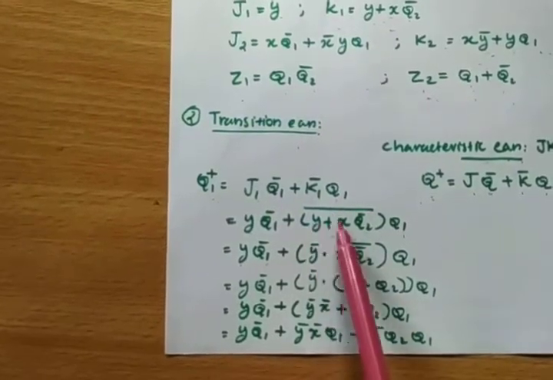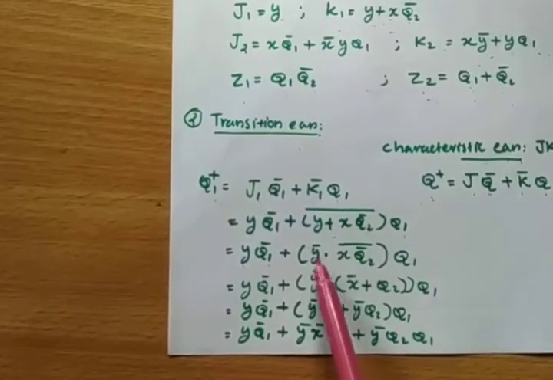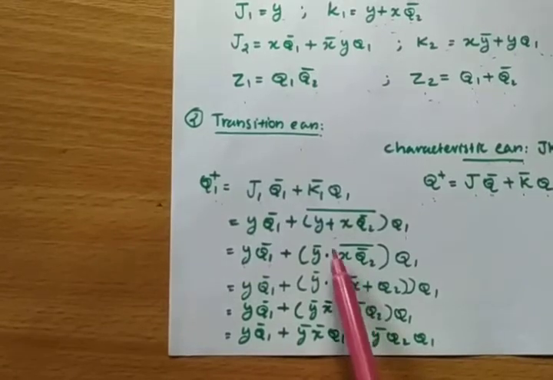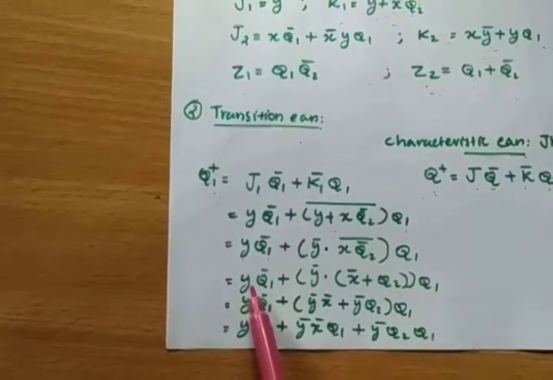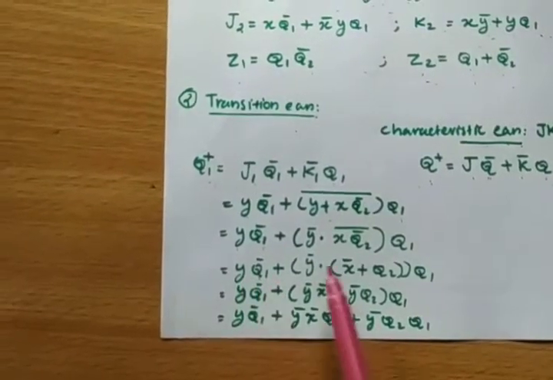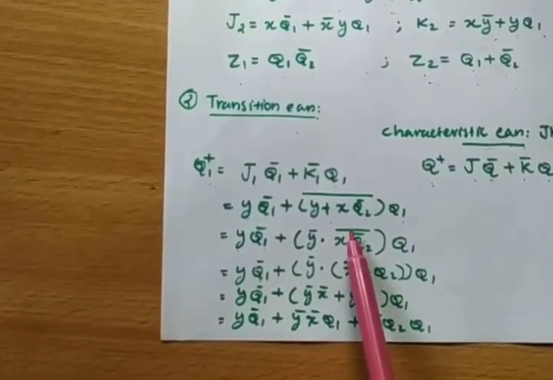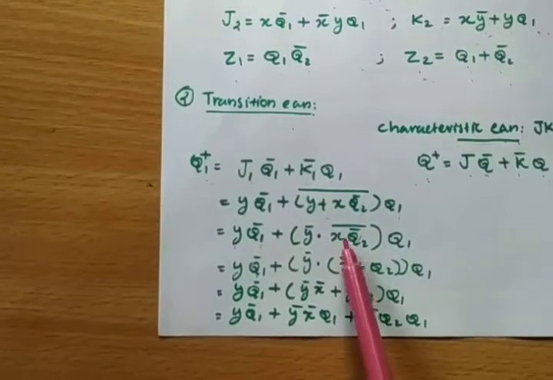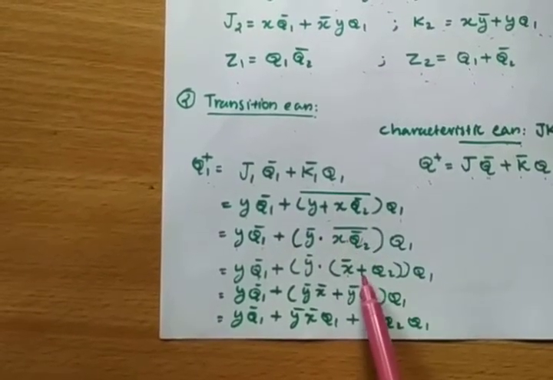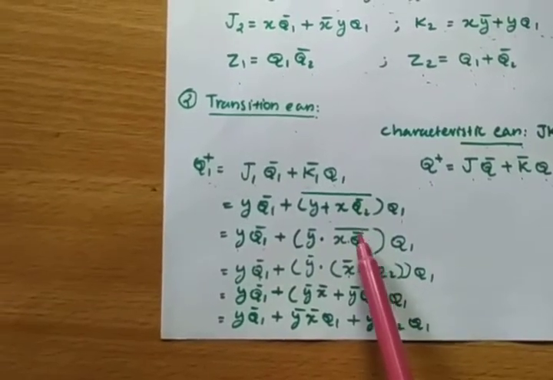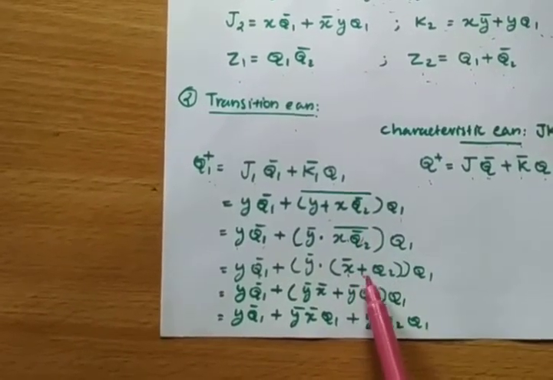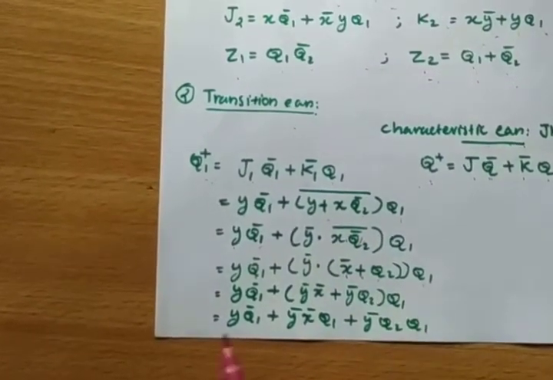So breaking this bar sign, Y bar into X Q2 bar the whole bar into Q1. Now Y Q1 bar plus Y bar into, and again this you have to break. X bar, here it is AND operation, so you put OR operation. So X bar plus Q2, here it is double bar, so it will cancel. So X bar plus Q2 into Q1.